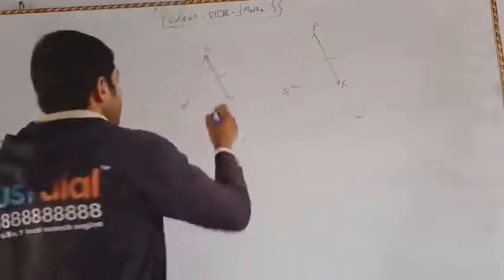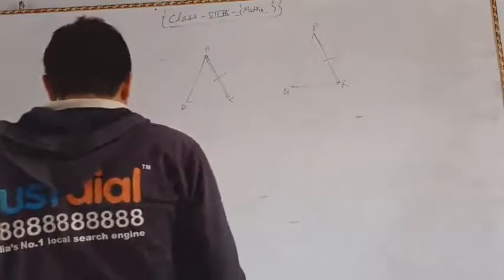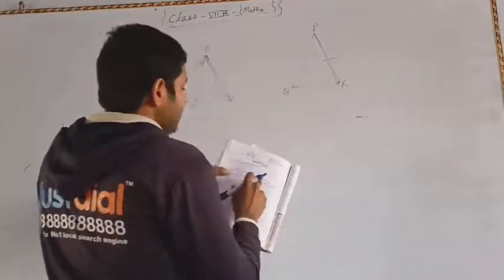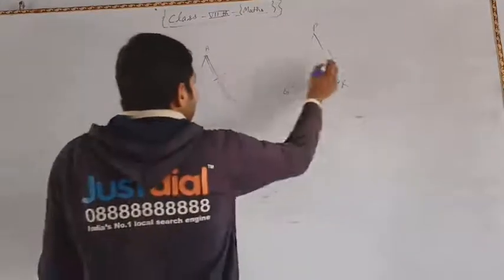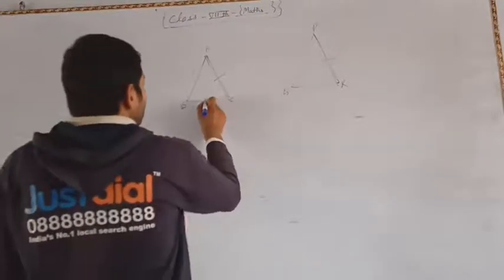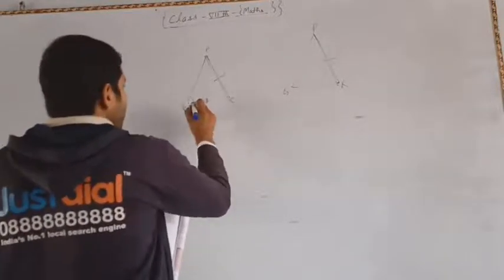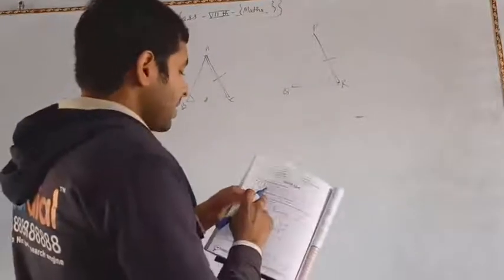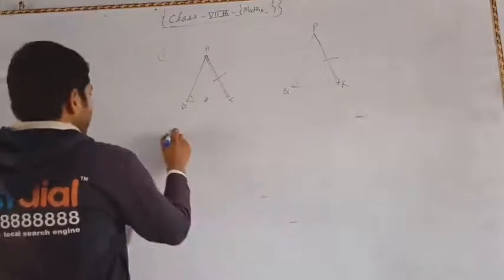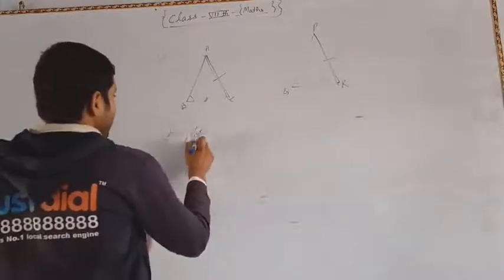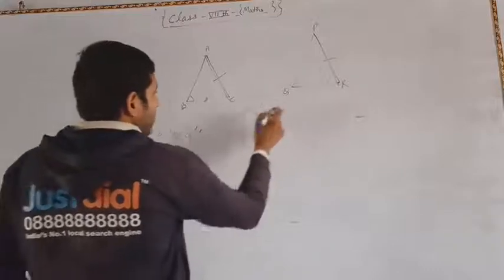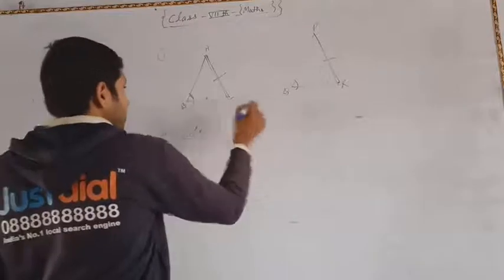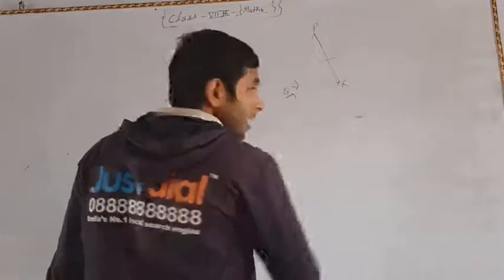Okay, so here if ABC is congruent to PQR, then side AC is congruent to PR, and also one angle must be equal to the other. Okay, in part B, if angle Q follows, then angle Q must be equal to angle B. Okay, because in these figures angle B corresponds to angle Q.